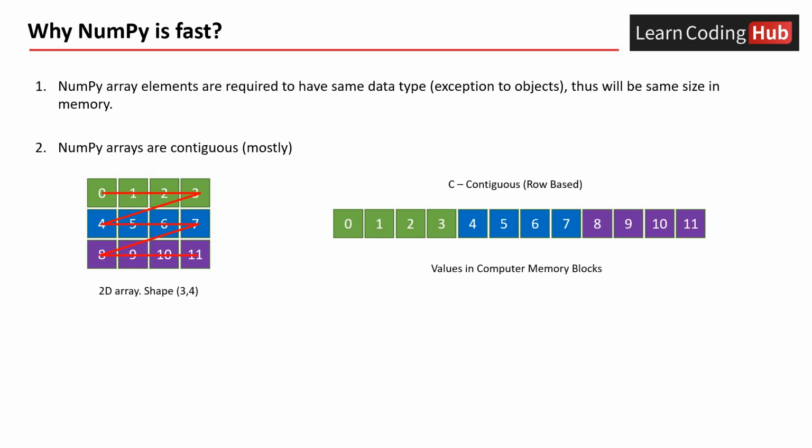Whereas a Python list doesn't work this way. In a Python list, the values would be scattered in memory, and there will be a table pointing to the address of each one. So Python needs to read the memory address table first, see where it is pointing, and then get the values. That involves time. Whereas here, each and every value within a memory block is next to the other.